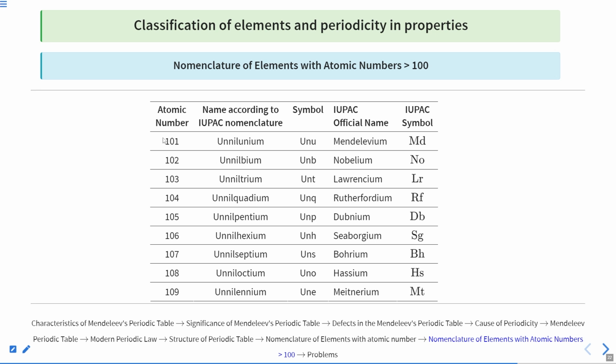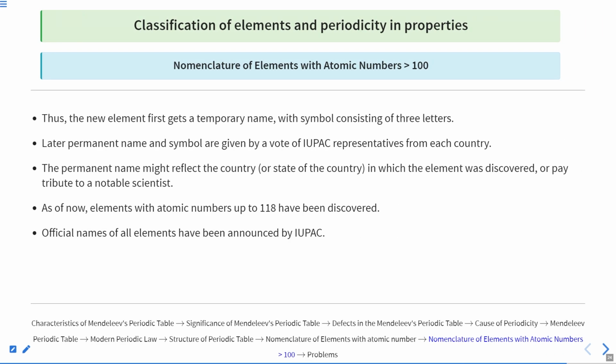But you should know how to name the elements that have an atomic number greater than 100 according to the current IUPAC guidelines. Thus, the new element first gets a temporary name, which is according to the IUPAC guideline, with a symbol. Later, a permanent name and symbol are given by a vote of IUPAC representatives from each country.